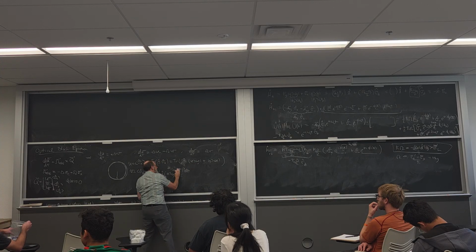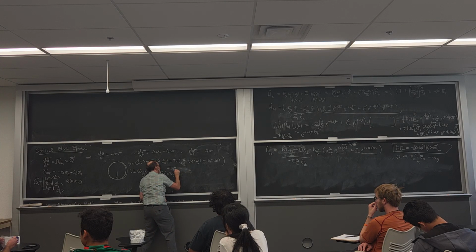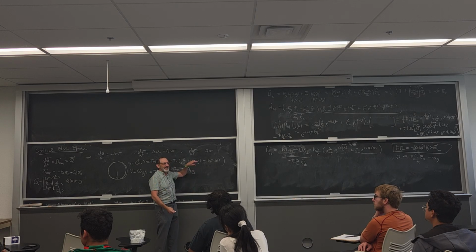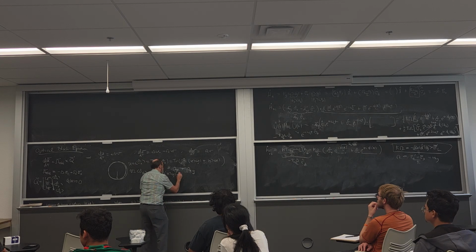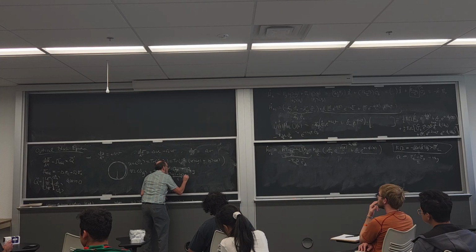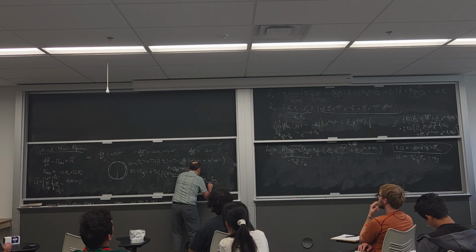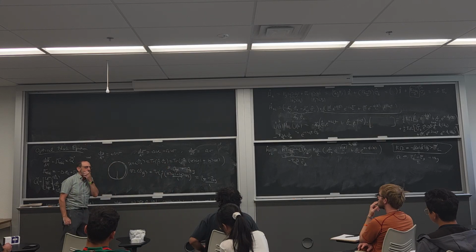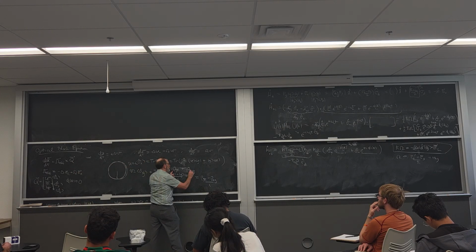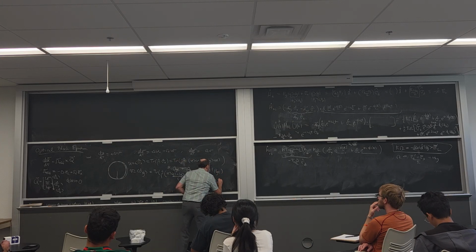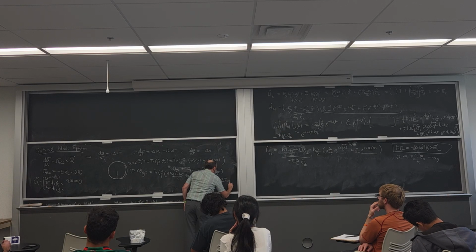But when I bring it to the other side, that's rho GE plus rho EG. Not that it matters because it was real, right? If I take the trace. But now it's going to matter because that's where I just realized I didn't write it down exactly right. This is sigma plus, this is sigma minus over I. So this is rho GE minus rho EG over I. So this is equal to twice the real part of that off-diagonal matrix element, and this is twice the imaginary part of that.